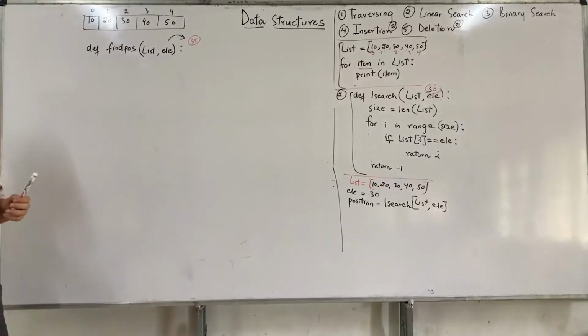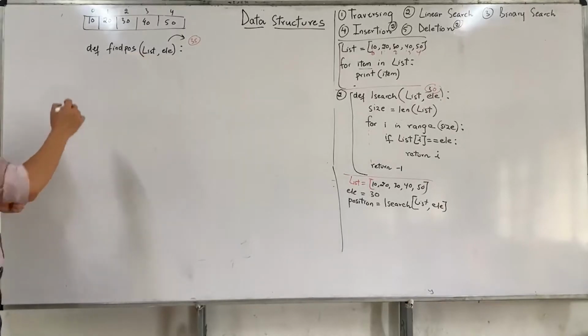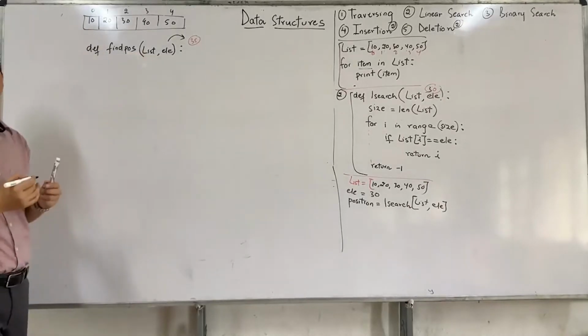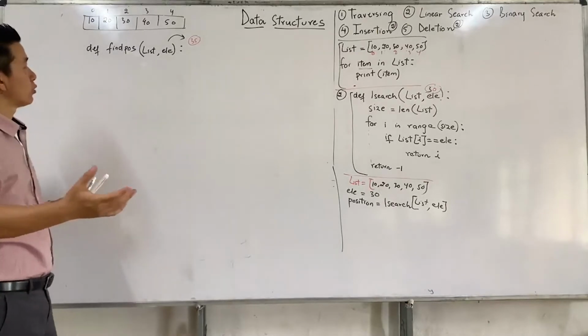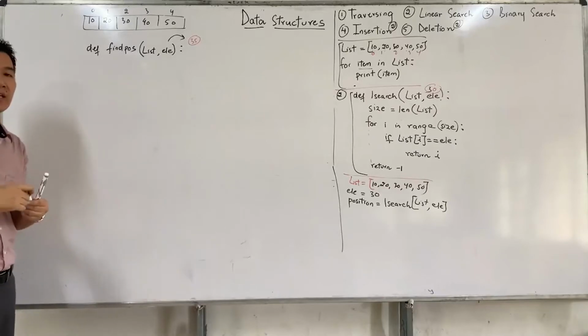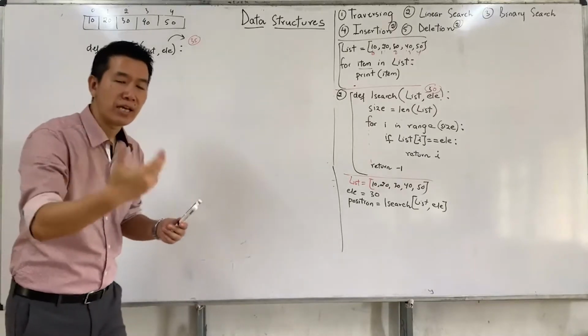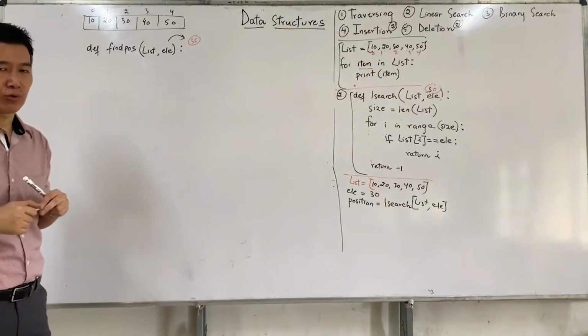The first case is if the new element is less than or equal to the first element. Let's say the value of the element is 5, which is less than the first element. Then understandably the appropriate position of the new element will be 0.